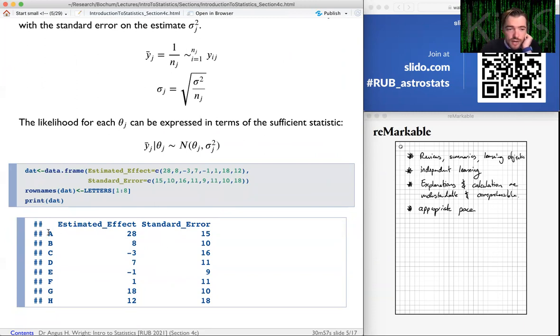These are our schools, A, B, C, D, E, F, G, H. The effect that each school estimates, so their value of Y bar, which they're using to estimate theta, is for school A 28 with a standard error of 15, B is 8 with a standard error of 10, etc., etc. So these are the data.